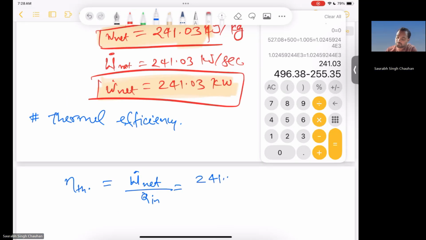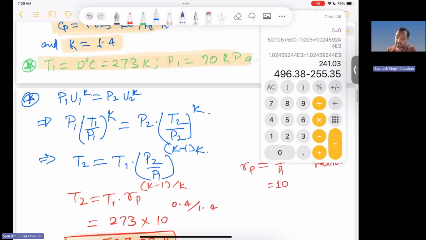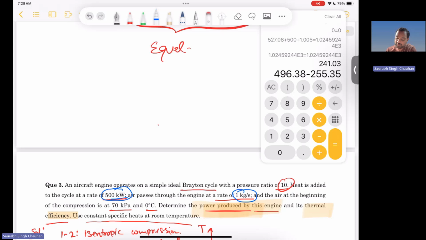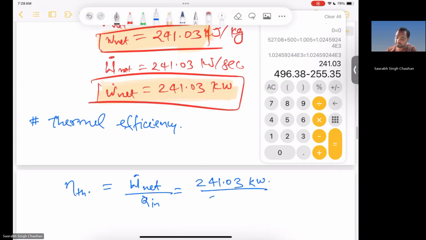It is 241.03 kilowatt divided by heat input, which is 500 kilowatt. 241.03 divided by 500.